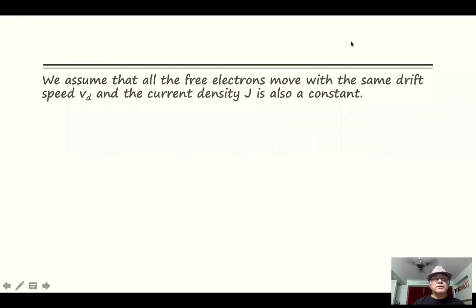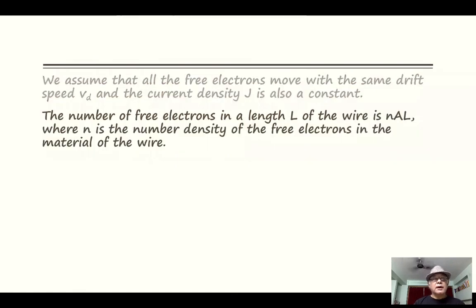We assume that all the free electrons move with the same drift speed Vd, and the current density J is also a constant. The number of free electrons in a length L of the wire is N into A into L, where N is the number density of the free electrons in the material of the wire.